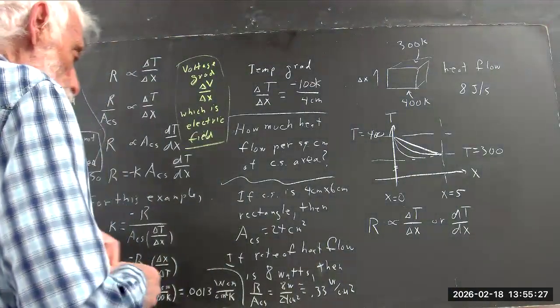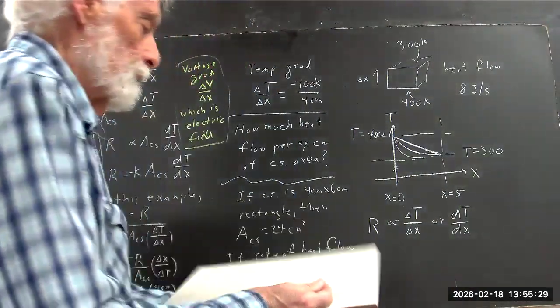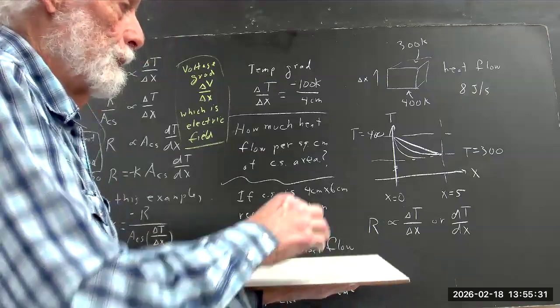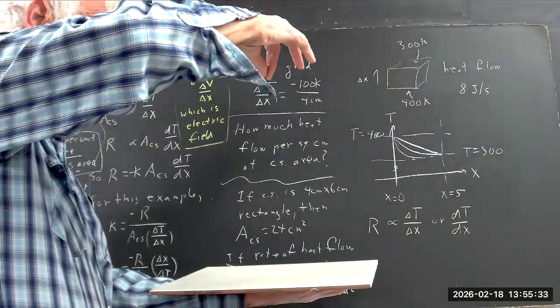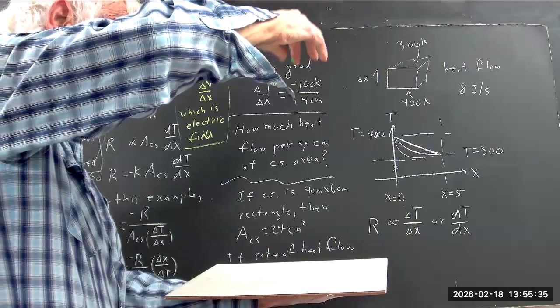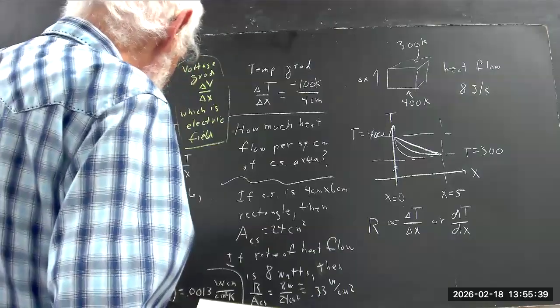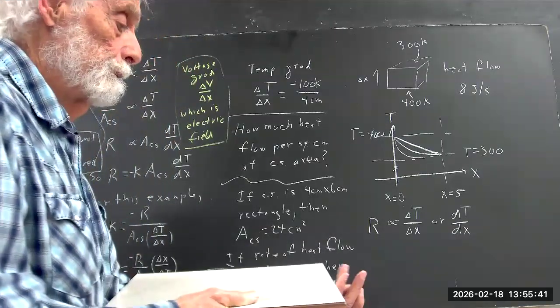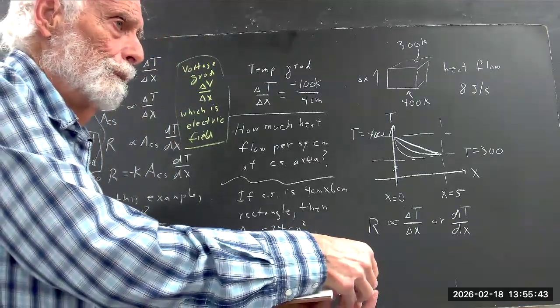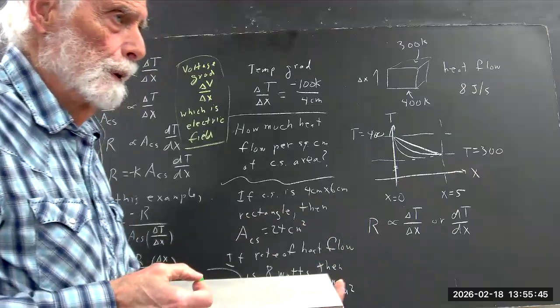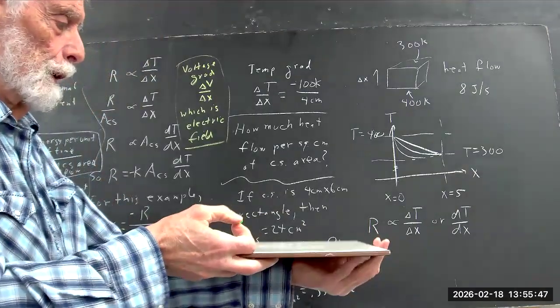If I drop the BB on a tile, I drop it from here. I don't know how well you're going to be able to see this, but it bounces almost as high as it was when I dropped it. I was watching the camera, so I wasn't able to catch the BB, but I might not have been able to catch it anyway.